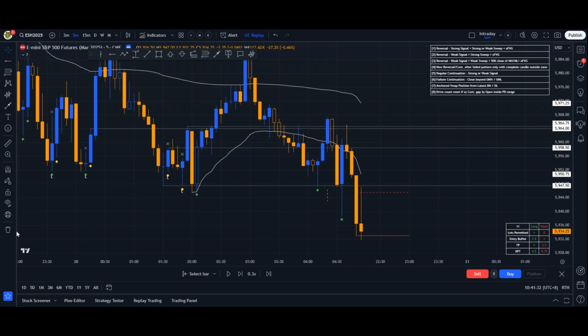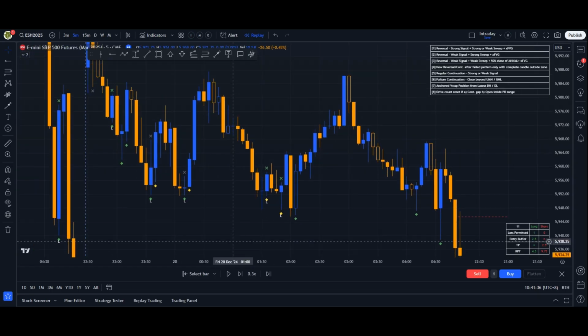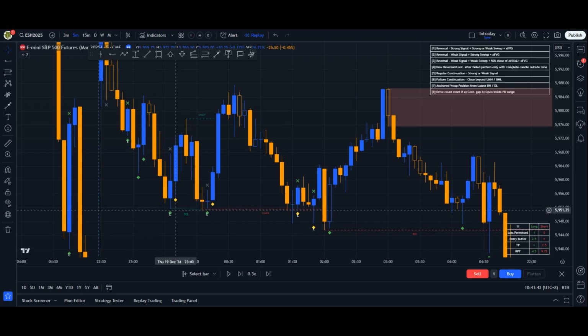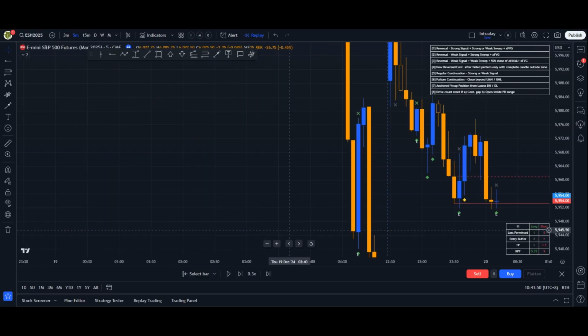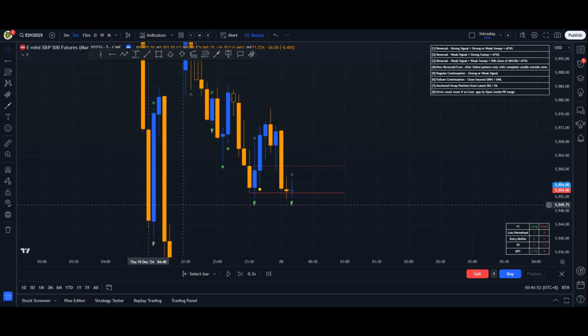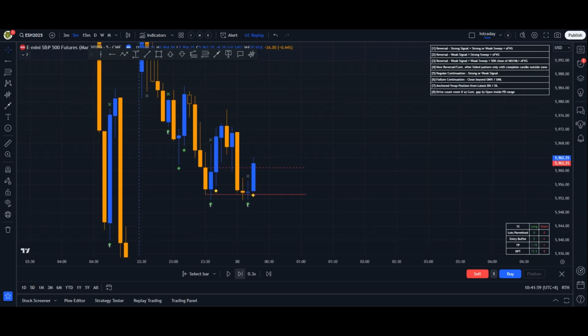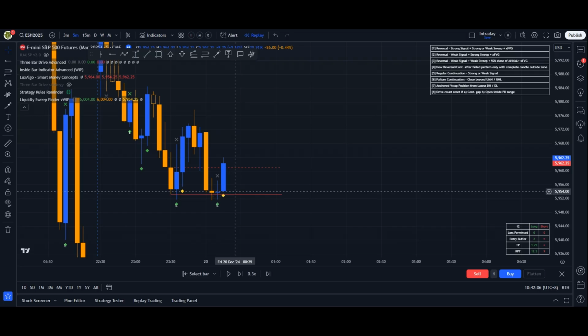Another important point to note, in discerning low quality from high quality signals, is this particular signal, when it got printed. There were multiple things going on for this candle.